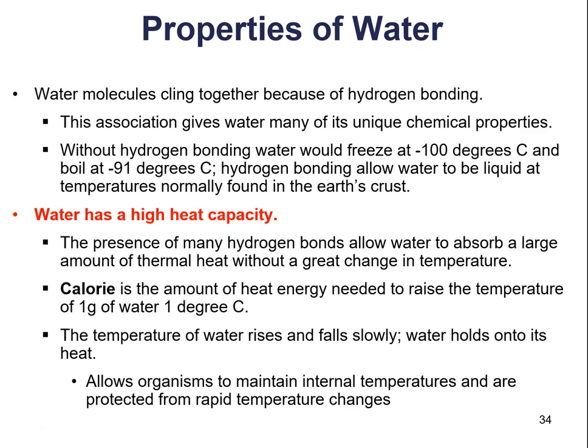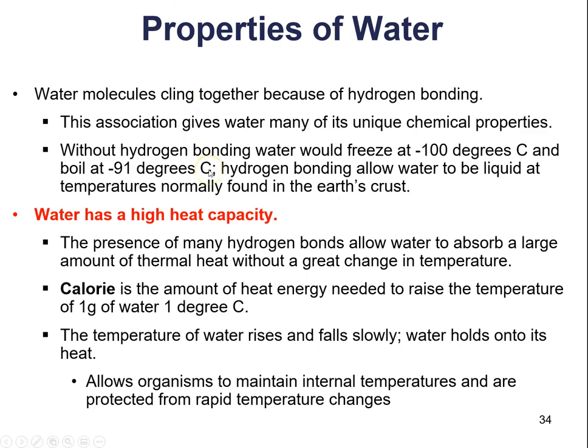That's not going to work on Earth, right? No way that water or life would be able to be present on Earth if that was the case, okay? So hydrogen bonding, just what we just talked about alone, basically allows water to be a liquid at temperatures normally found in the Earth's crust, okay?